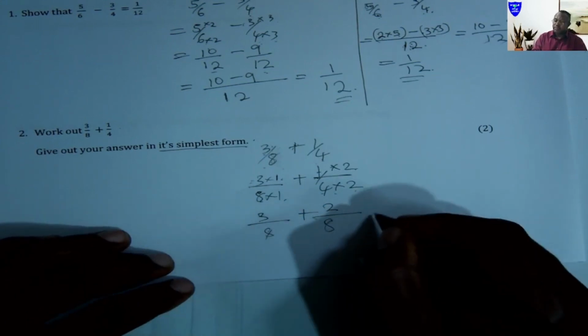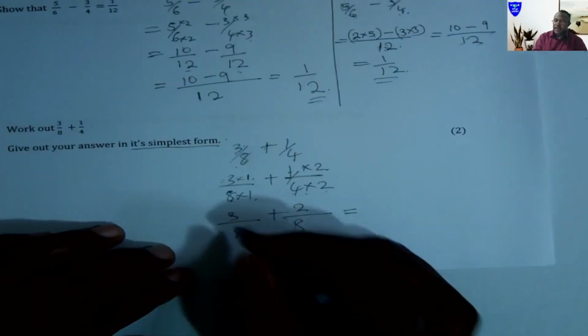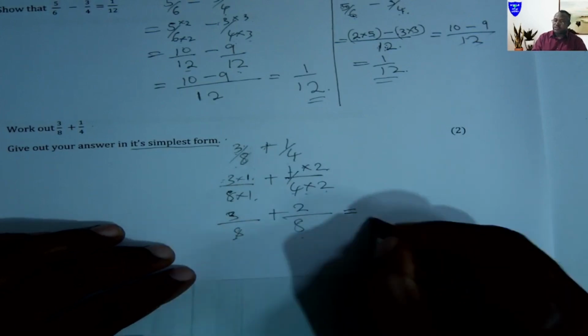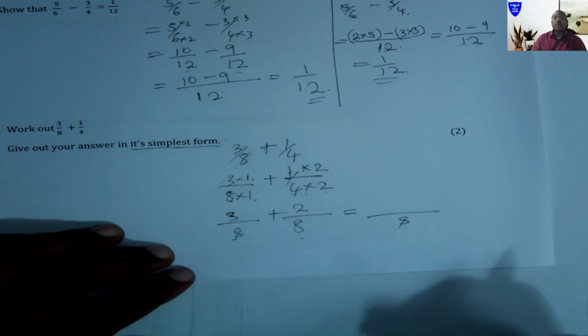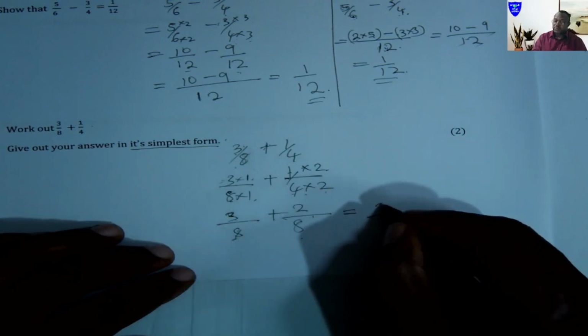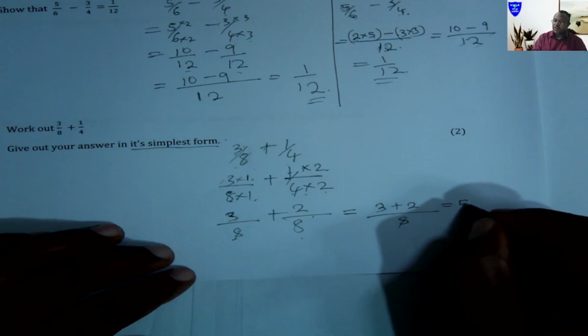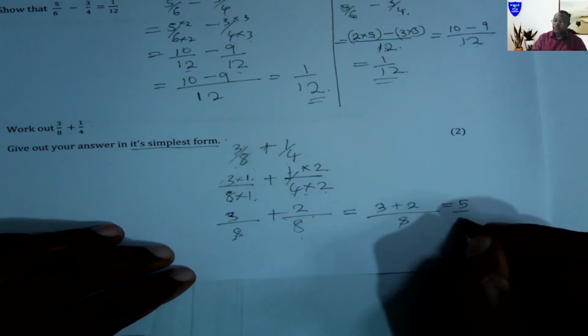We can simply go ahead and add the fractions now, right? Same denominators, we simply have to return the denominator because it's common, it's the same one for both, right? Then we simply add the numerators. That will give us 5 out of 8.